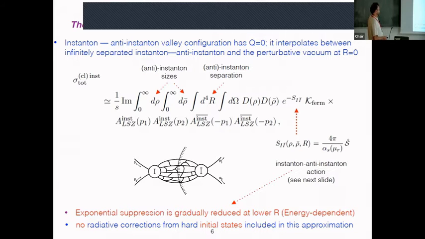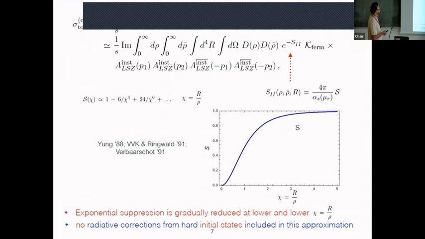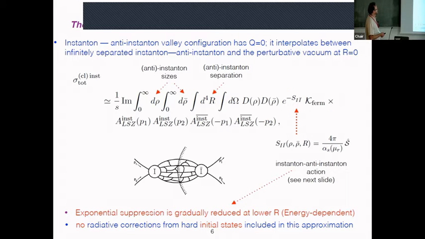Basically what happens is the exponential suppression by the instanton anti-instanton action, right? At infinite separation between the instanton and anti-instanton, the instanton anti-instanton action is just twice the instanton action. But as soon as the distance r, the separation between instanton and anti-instanton, gets reduced, the action is no longer that large.